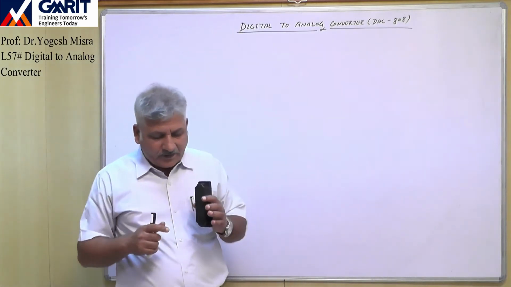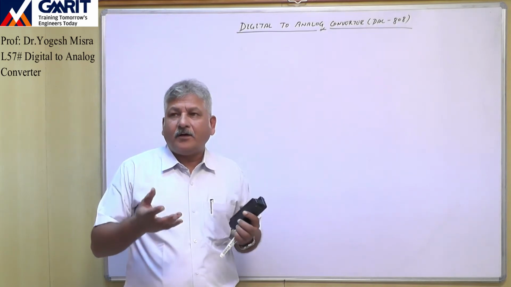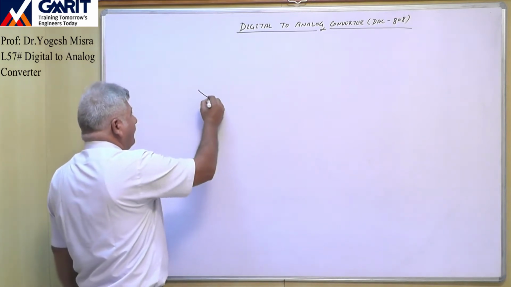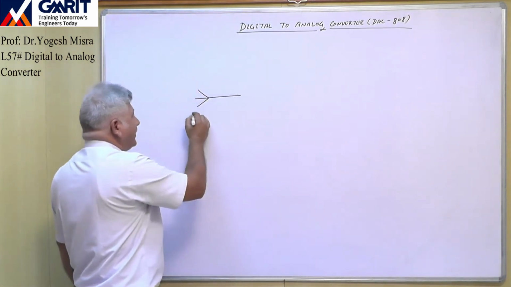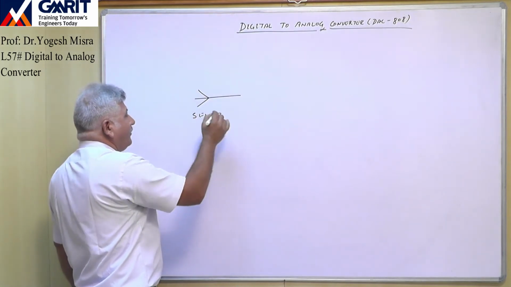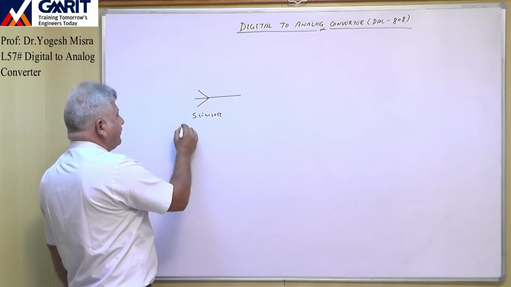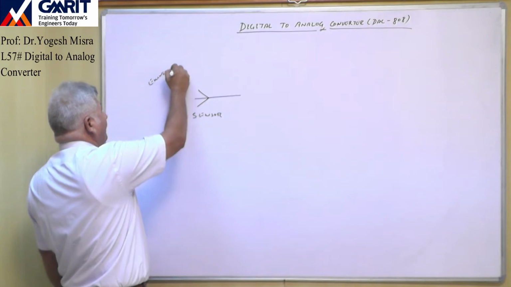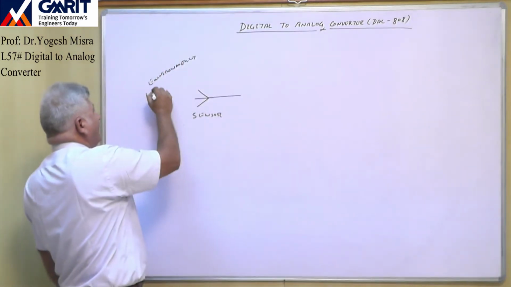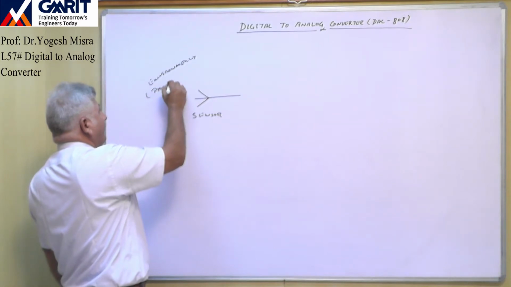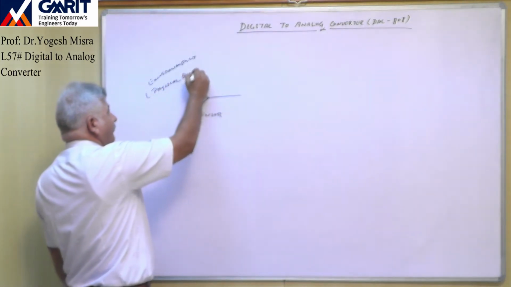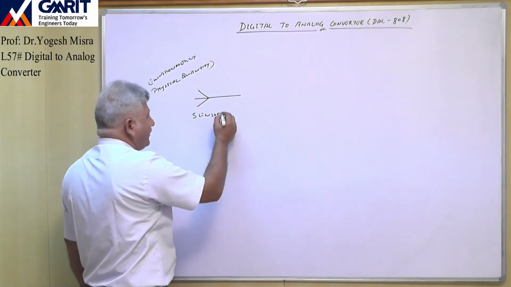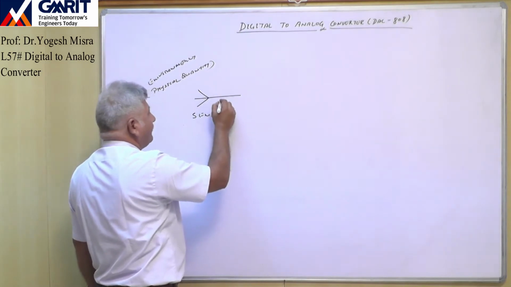Basically, if we see the structure of a controller based system, it will be like this. There will be one sensor. Here is the environment, where we have some physical quantity. This physical quantity will be sensed by the sensor, and the sensor will generate an analog signal.